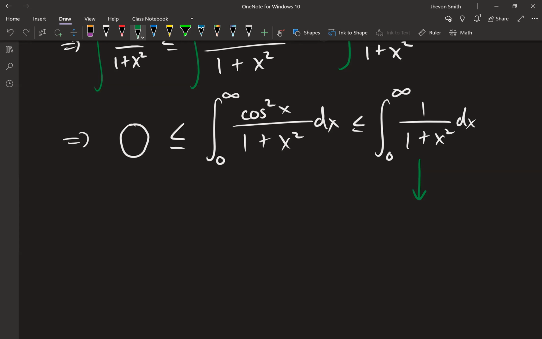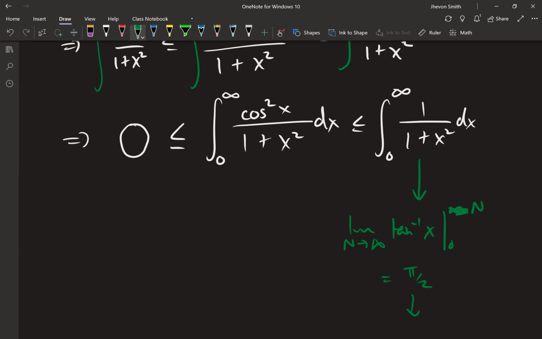It's arctan, right? So this is why we have memorized those formulas. That guy is going to give you tan inverse of x between 0 and infinity. And technically, yes, you have to take the limit as n approaches infinity. You would get pi over 2 as the answer.